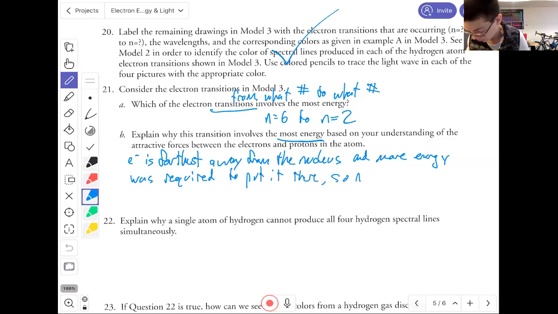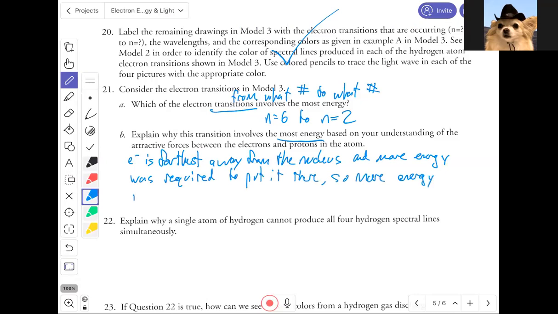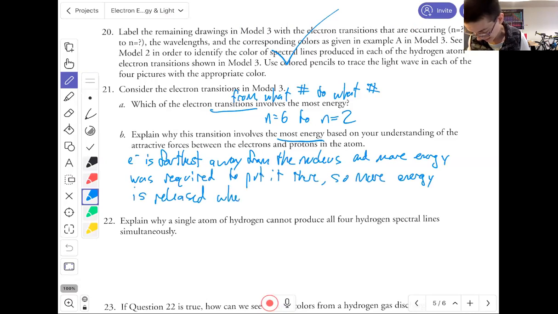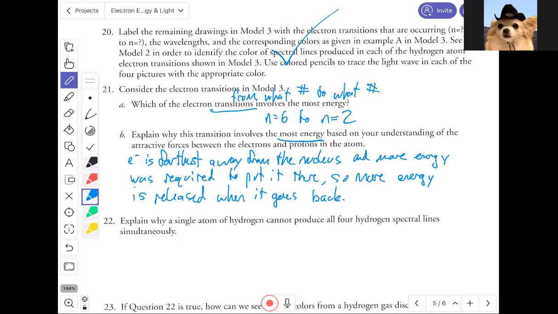So more energy is released when it goes back. Think about it like if you're playing with a rubber band. If you just barely stretch out the rubber band and let it go, it's not going to do that much. But if you pull it way, way back, you know that it's going to release a lot of energy when it snaps back. So it's that kind of notion.